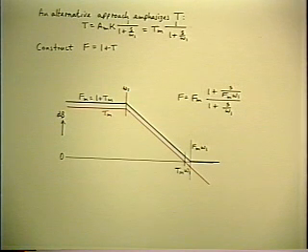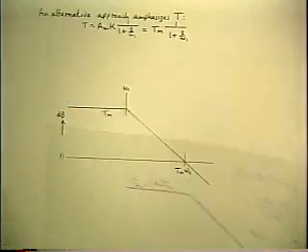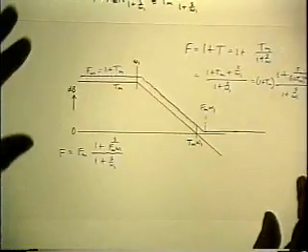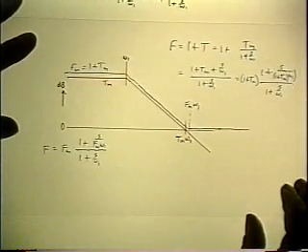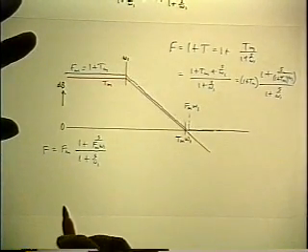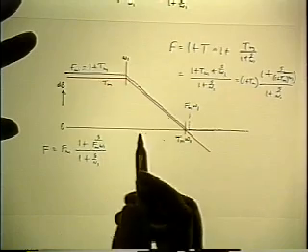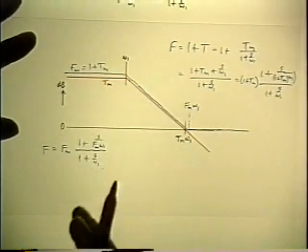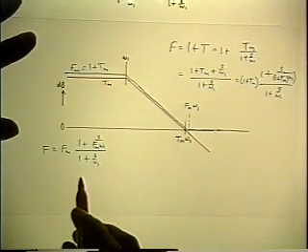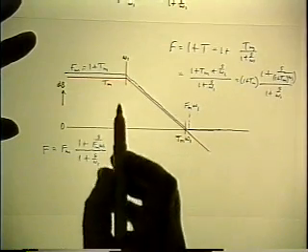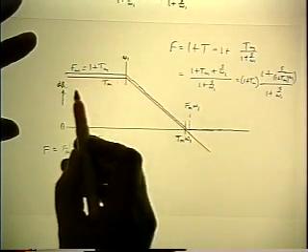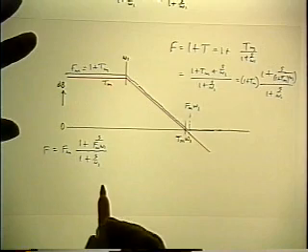D is T over 1 plus T, or T over F. Well, now we have T and F, and this construction is done exactly because we have to compute a ratio, not a sum. A ratio is exactly the difference between the red line and the blue line.